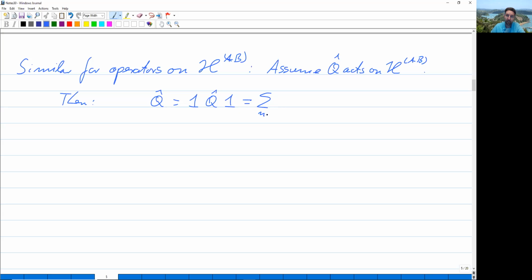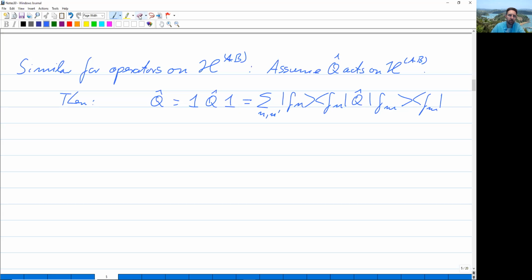Then we would have the sum over n and n prime, and we have the Fn and Fn q hat, that's the identity from the left, and then we have the Fn prime, that's the identity.